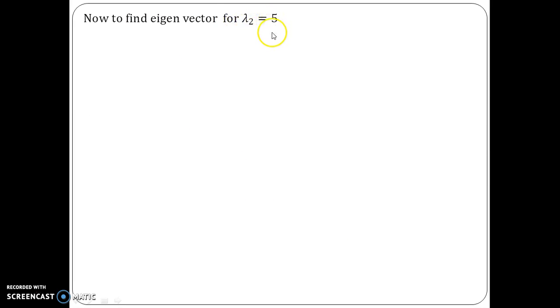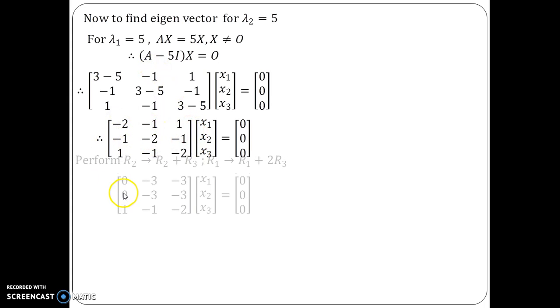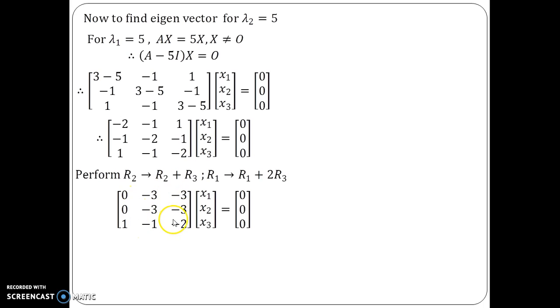Lambda 2 equal to 5 is a non-repeated eigenvalue, repeated only once, so its algebraic multiplicity is 1. The same procedure follows. Ax equals 5x, and when I reduce the system I obtain this as my linear system, and on performing row operations I obtain the following relationships.